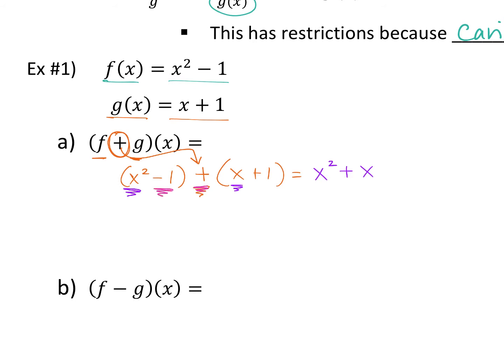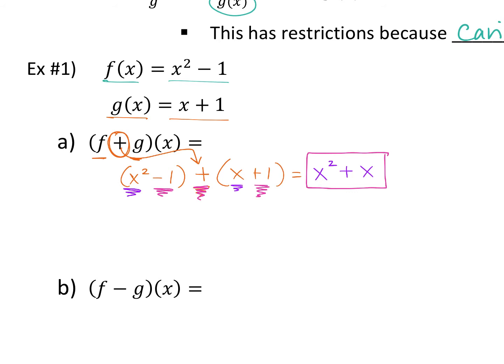Negative 1 plus 1. What is that? 0, right? You don't need to write plus 0 because plus 0 doesn't change anything. So your answer is just this. We just added those two functions together. Okay, so take the functions for what they are, add them, you're good to go.